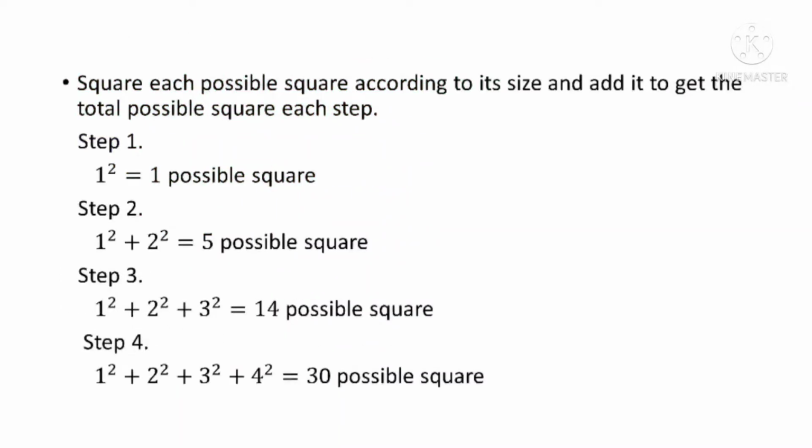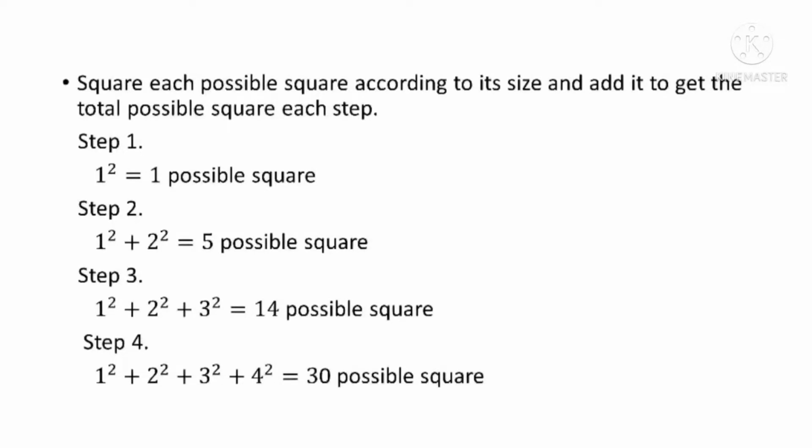Square each possible size according to its size and add it to get the total possible squares each step. So, ito yung another pattern na na-derive natin. So, sa step 1, yung possible square size is 1 by 1. So, 1 squared is equal to 1 possible square.